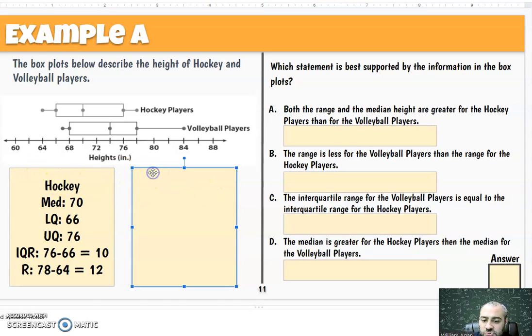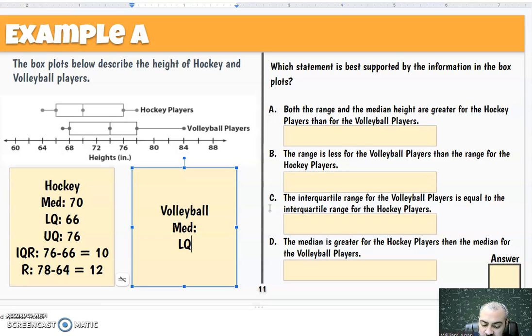Okay, now I need to do the exact same thing for the next one, for the volleyball players. So I'm going to need to find the median, the lower quartile, the upper quartile, the interquartile range, and the regular range.